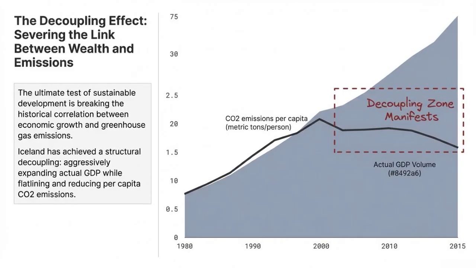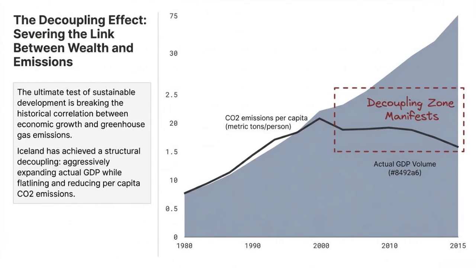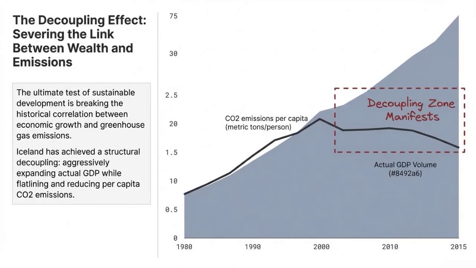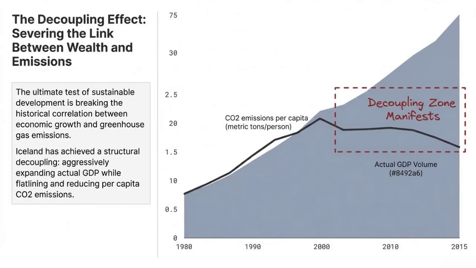We need to look at how the green grid interacts with global industrial demand. Because their energy is so cheap, so abundant, and perfectly clean, Iceland attracts highly energy-intensive industries from around the world. What kind of industries? Like server farms? Server farms, yes, but specifically aluminum smelting is the prime example. Oh, wow. Smelting aluminum requires a staggering amount of continuous electricity.